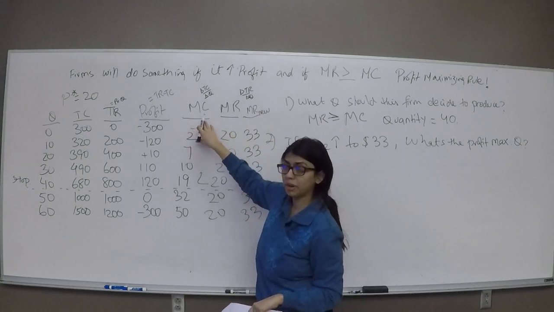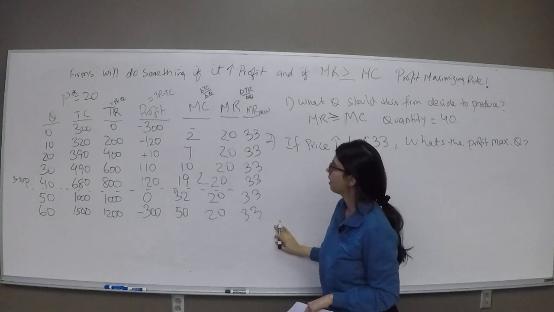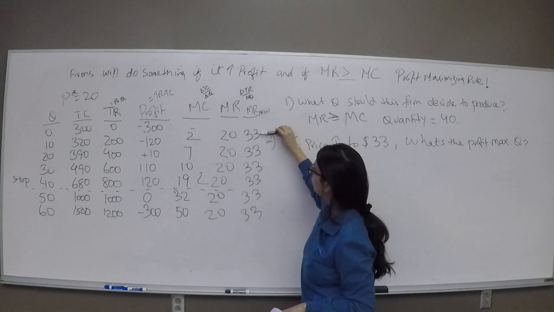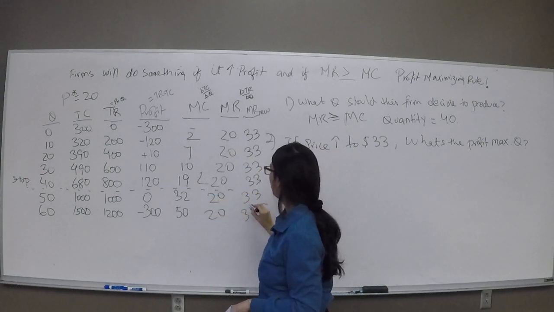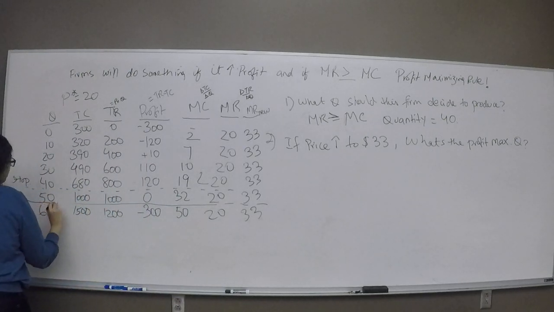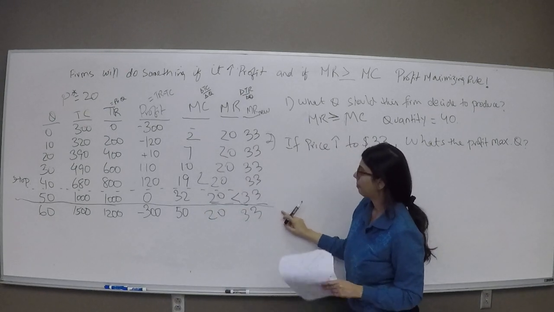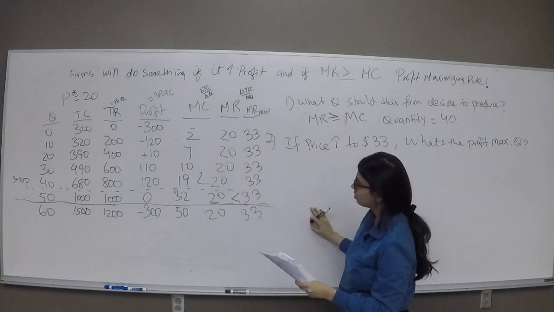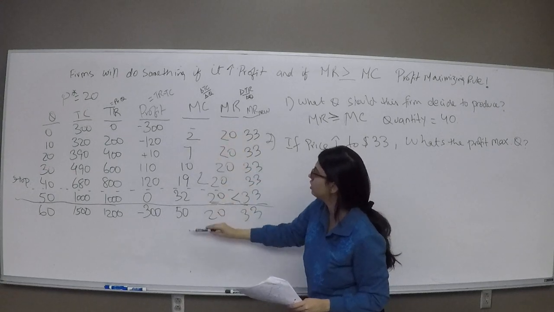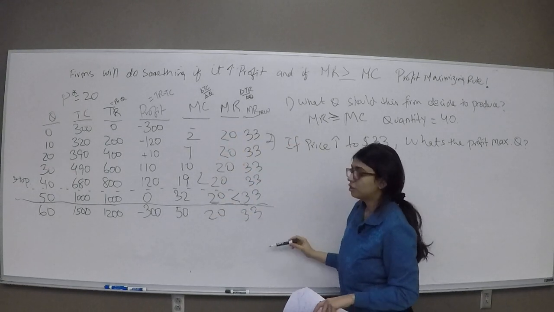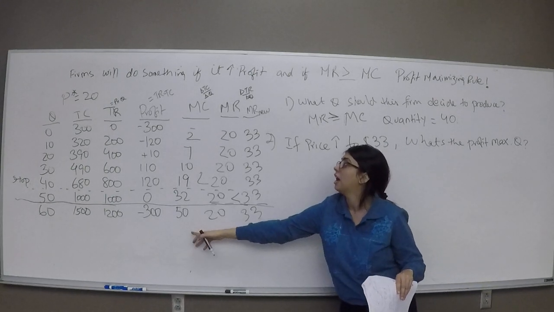And we're comparing marginal cost to the new marginal revenue, or the new price. We're comparing the marginal cost column with the marginal revenue column. To decide how much to produce, the only two relevant columns are marginal cost and marginal revenue.